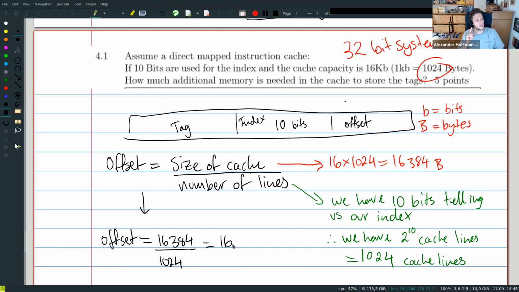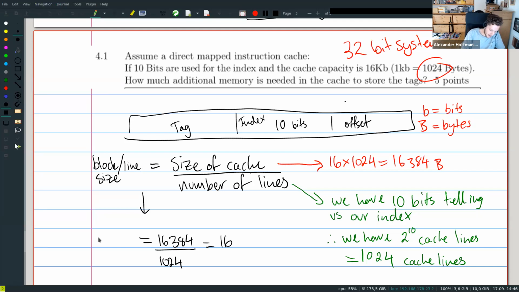But this tells us how many offsets we have. Sorry, I should probably say this differently. This is not offset. This is block size. Right? Size of cache, number of lines. Or this is even better, it's block/line size, right?